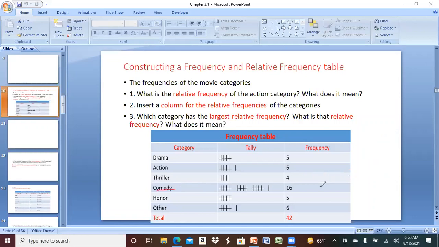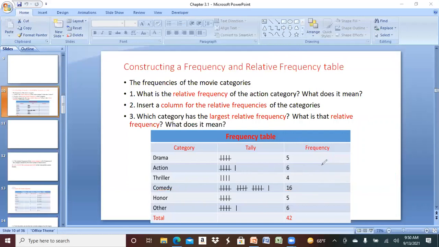And you find Comedy. Comedy has 16. 16 divided by 42 is 0.381. So you have 38.1% of students who prefer comedy.